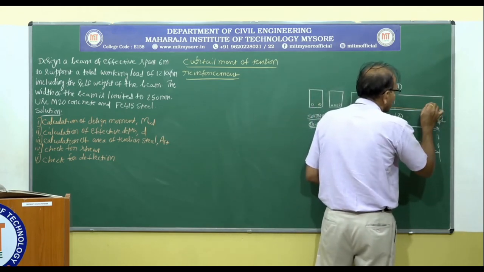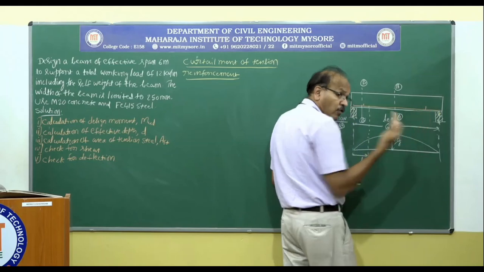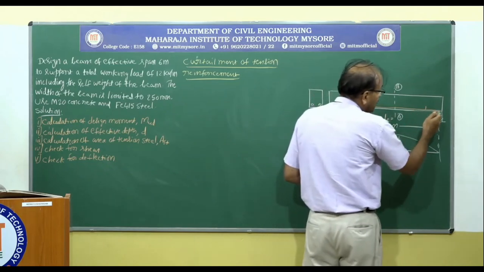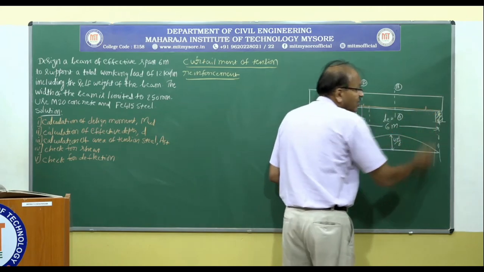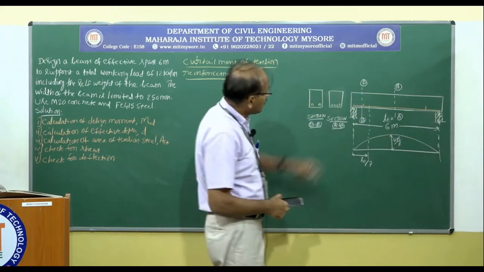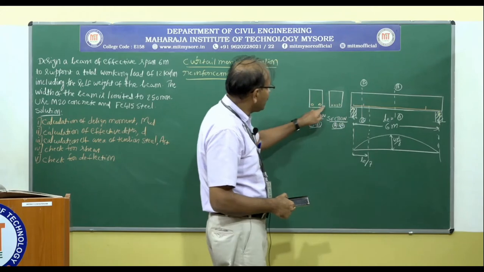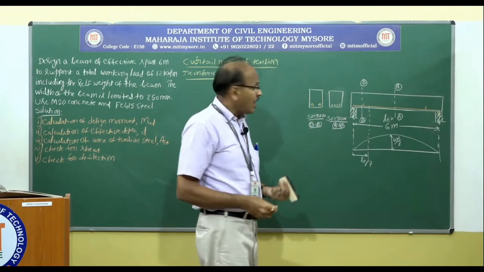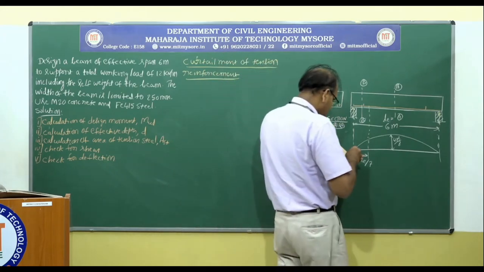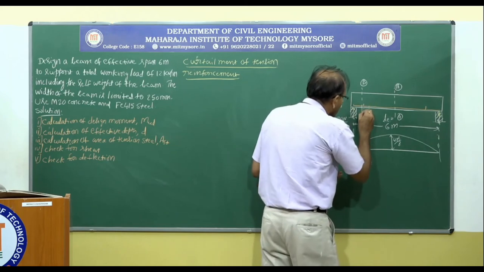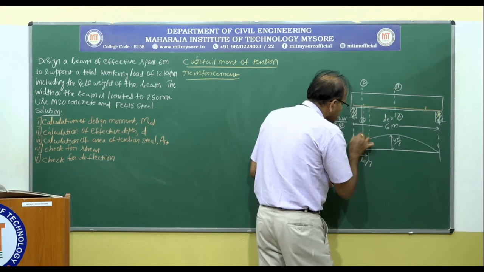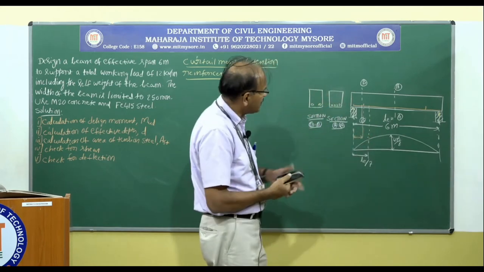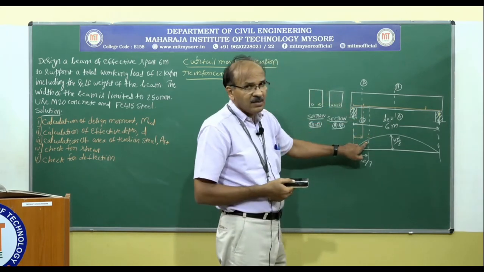So up to here we have 4 bars. Beyond this point we have only 2 bars. Here and here we have got 2 bars. So when you consider this section, you will see only 2 bars. This is the actual cutoff point, and this is the theoretical cutoff point.